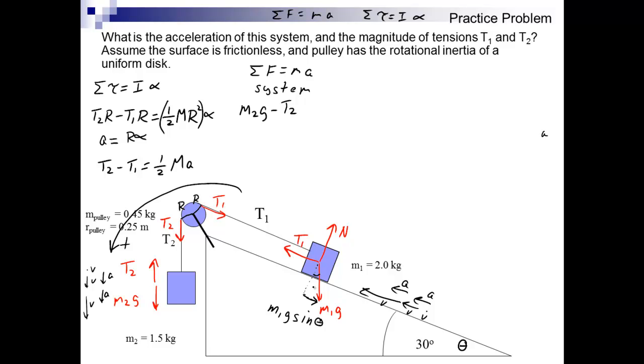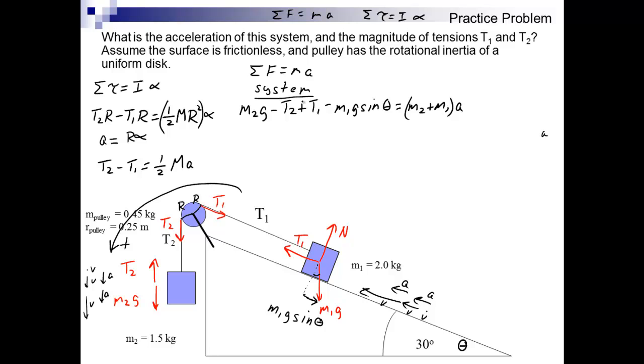And then for T1, T1's in the positive direction, so we'll say positive T1 and minus M1G sine theta. And that's going to equal M2 plus M1 times acceleration. So this is my system equation.